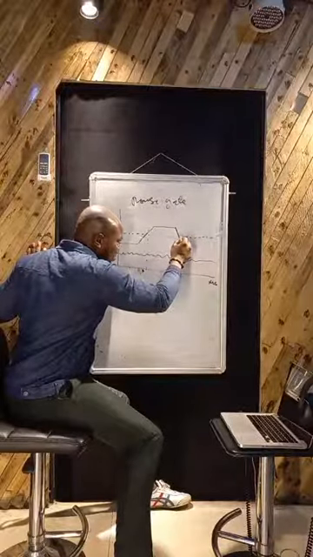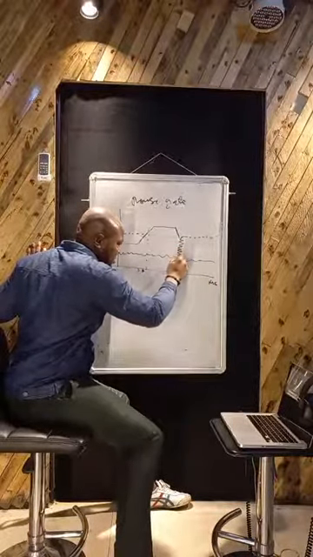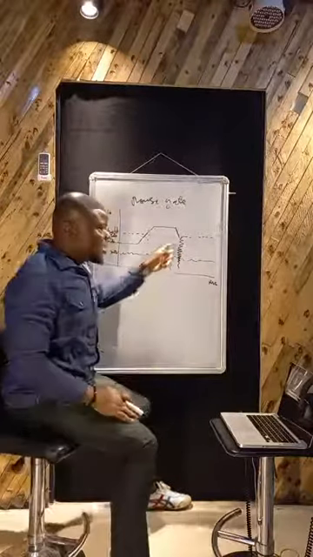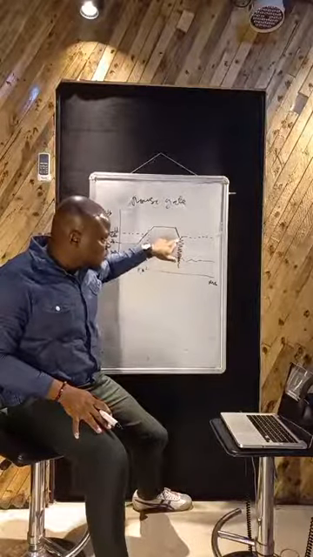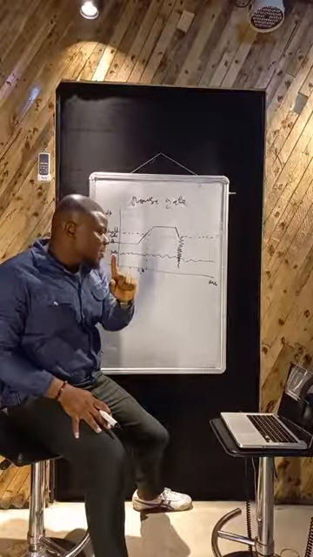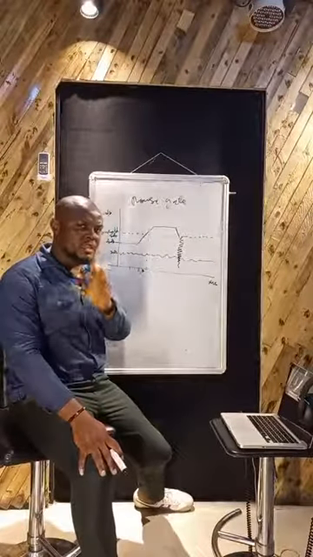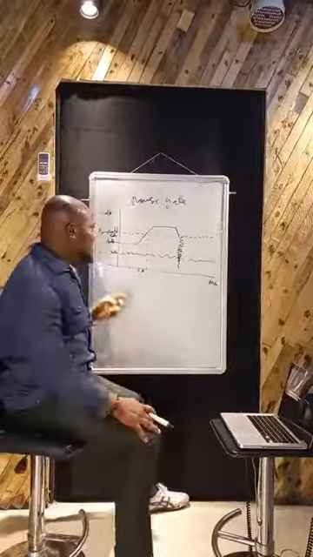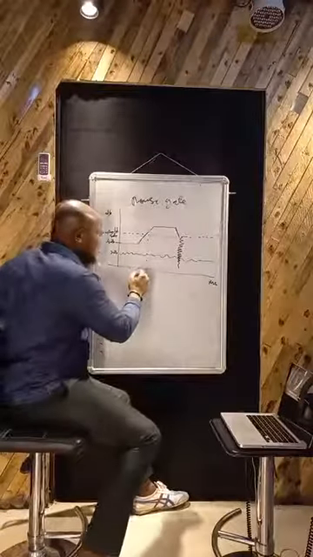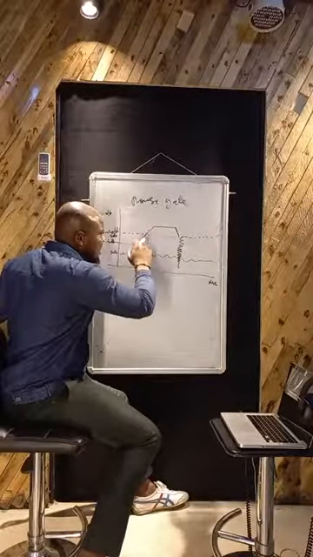So this becomes a rigid gate, right? What will determine how fast our gate will close will be our release time, right? Our attack time will determine how fast the gate will be open.